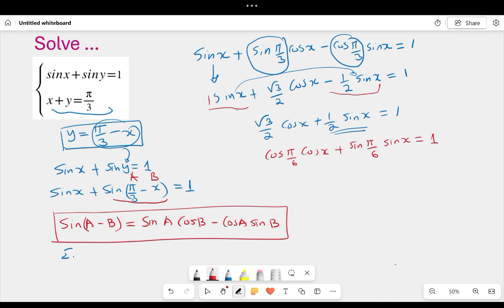And again, I want us to remind ourselves of the two-angle formula for cosine.